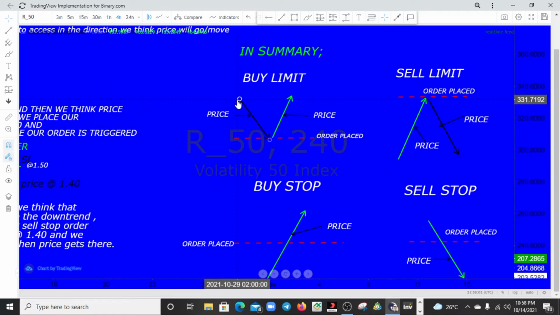Now buy limit is when price is in a downtrend, and you discover there is a support level around 1.40 or 1.50 or whichever area the price is. This area is an area of value, and you place your buy limit order there, expecting price to come from the downtrend and trigger you in and stop going down and continue going upward.